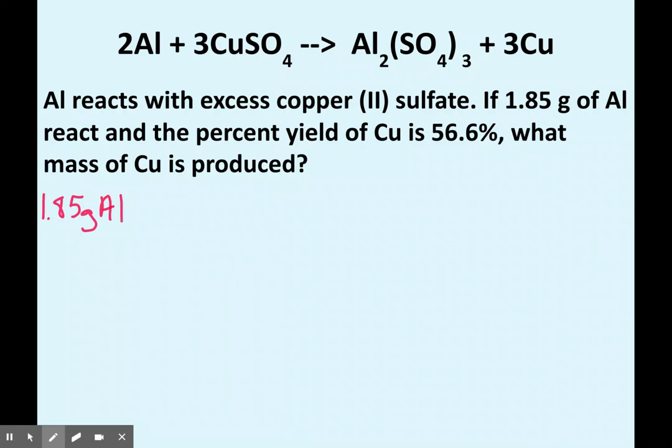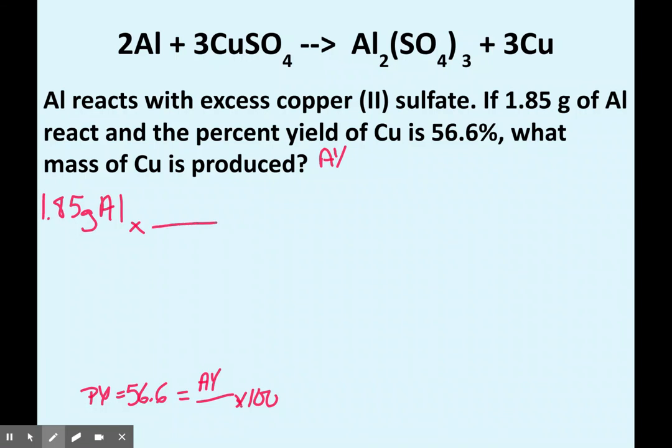So they're asking us, what's the actual yield? Because we can find the theoretical, they give us the percent. So percent yield is 56.6. Actual yield over theoretical, which we can find, times 100. So we're going to find the theoretical first and then kind of work backwards and find actual.